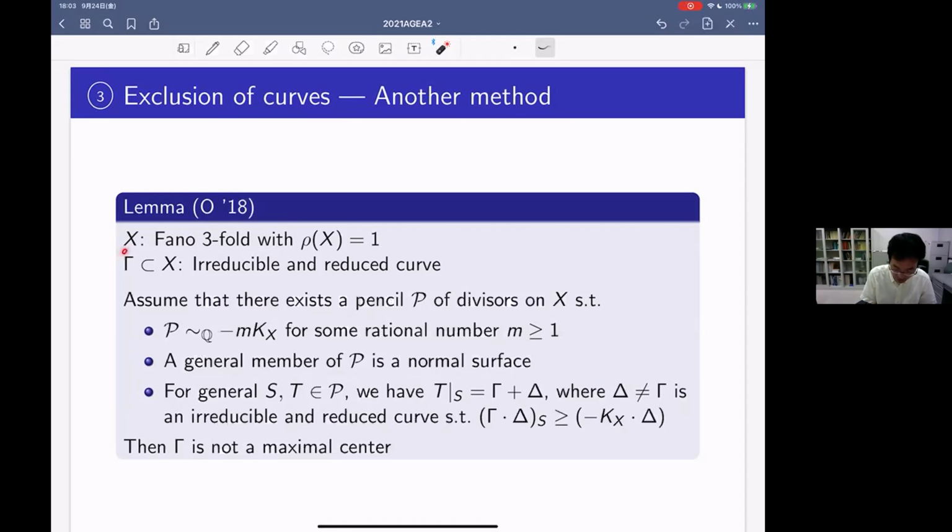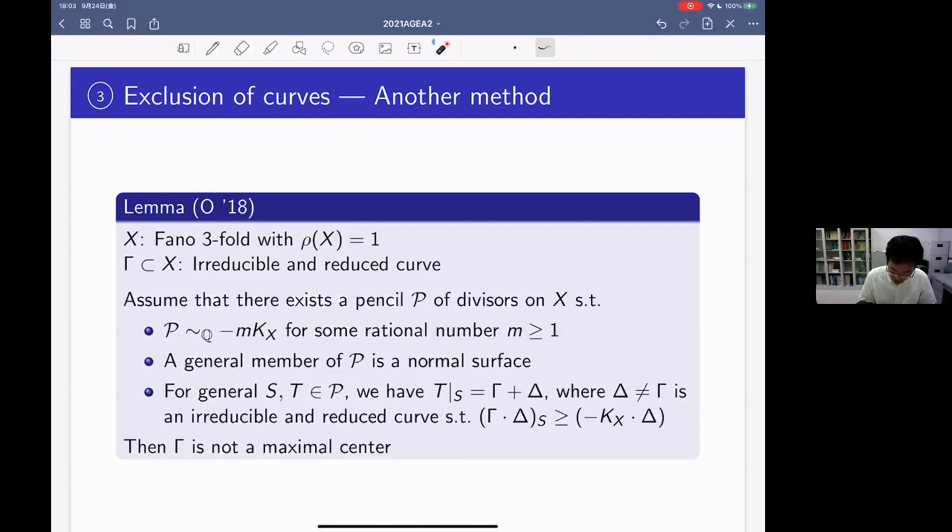So let X be a Fano threefold with Picard number 1, and gamma is a curve on X. And assume that there exists a pencil P of divisors on X with the following 3 properties. First, P is Q-linearly equivalent to minus m KX for some rational number m. This is automatically satisfied, but the assumption is m is greater than or equal to 1.